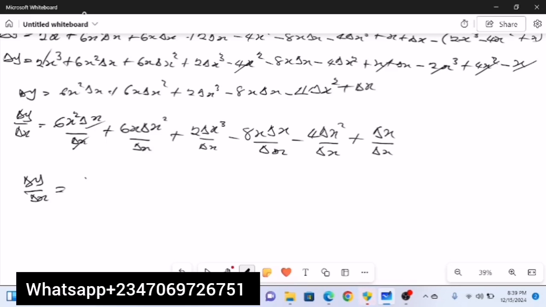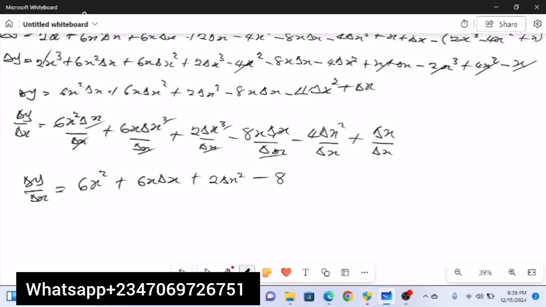I have 6x squared, plus here I have change in x cancelling one of this change in x, so I am left with 6x change in x, plus I have change in x also striking one of this change in x. I have 2 change in x all squared, minus I have change in x here striking this change in x.